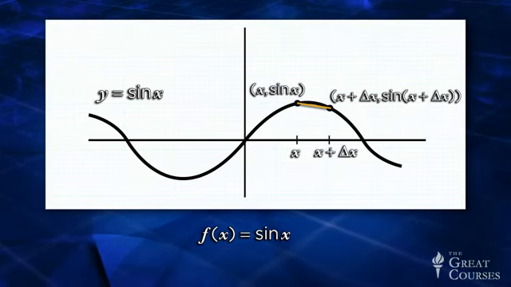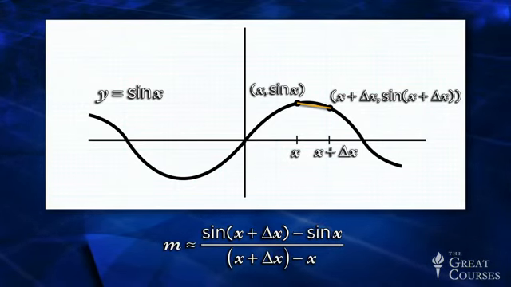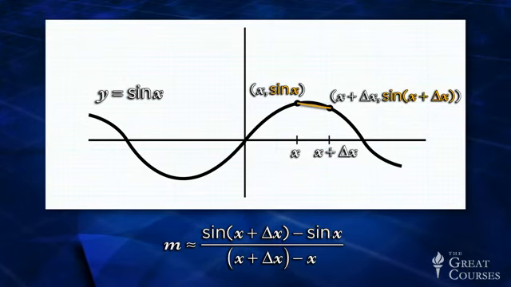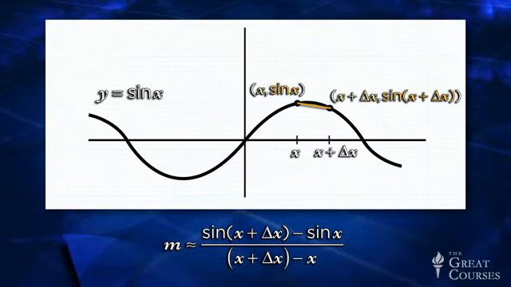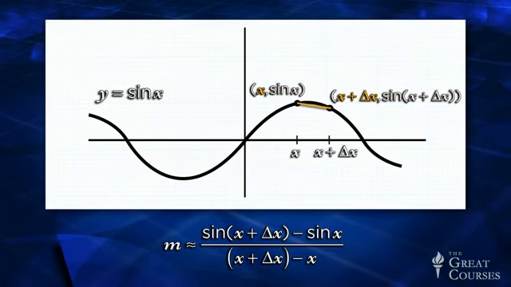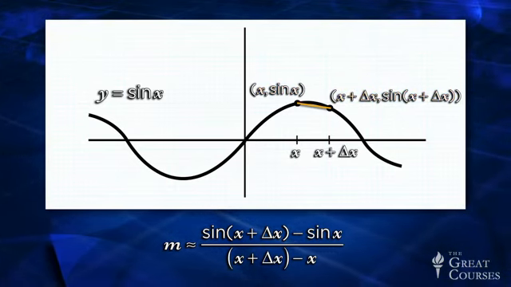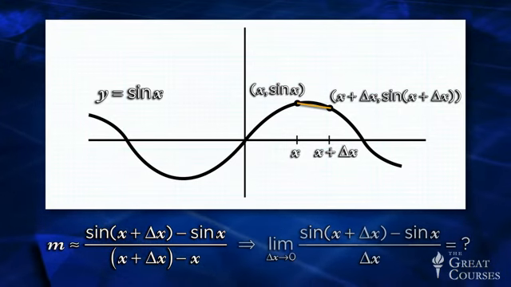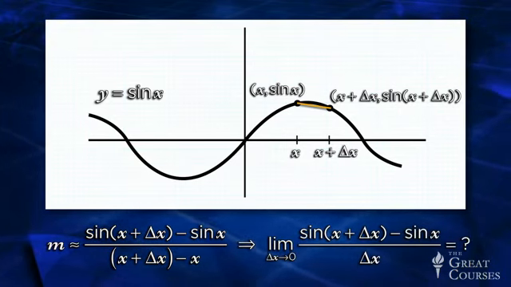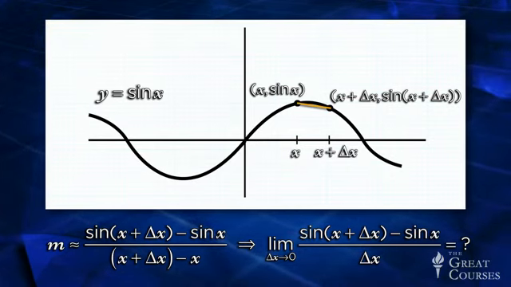Well, what is that slope? It's difference in the y's over difference in the x's: sine of x plus delta x minus sine x, that's the difference in the y values, divided by x plus delta x minus x, and that simplifies to delta x in the denominator. The exact slope would be the limit of that quotient as delta x goes to 0.